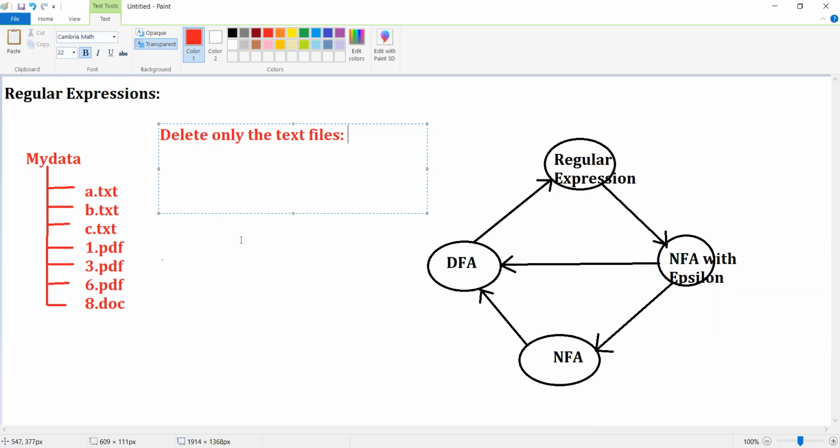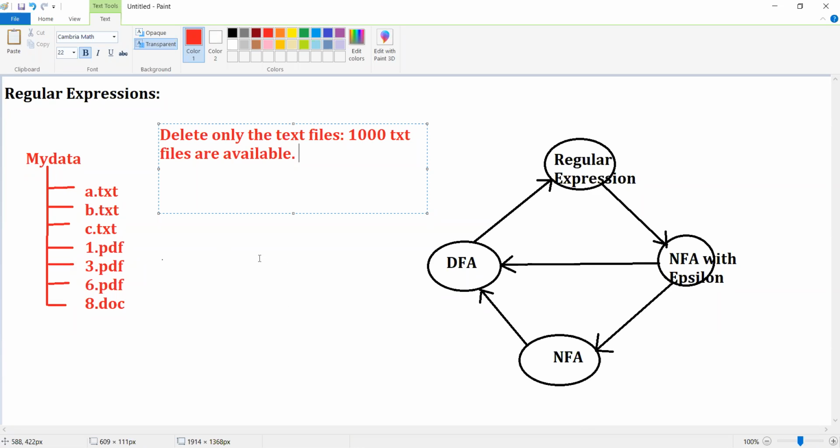Let us assume that I have around 1000 txt files available. Now I want to remove all those 1000 txt files. So how do I remove them? Whatever approach I just told you, like select a.txt, b.txt, c.txt, d.txt, e.txt, like that.